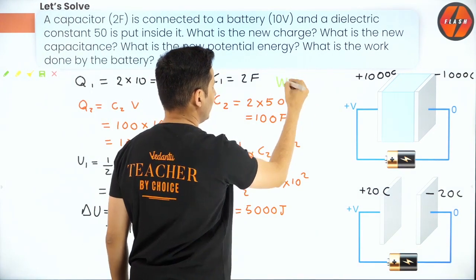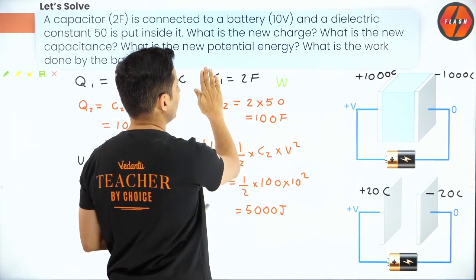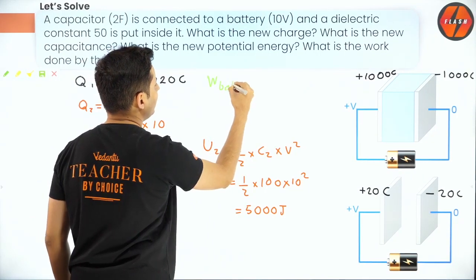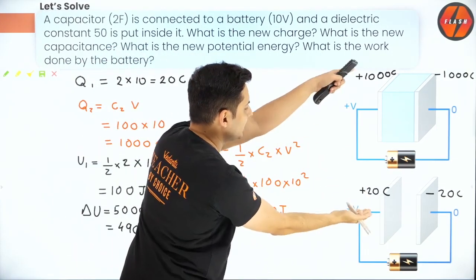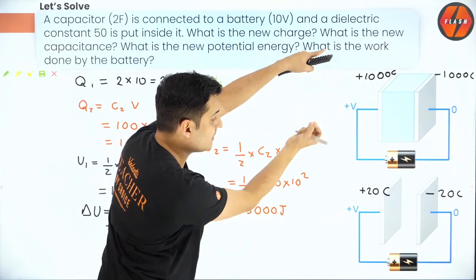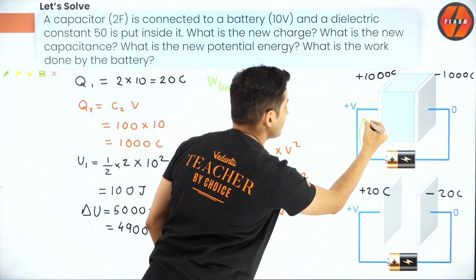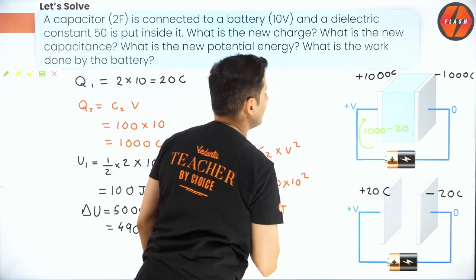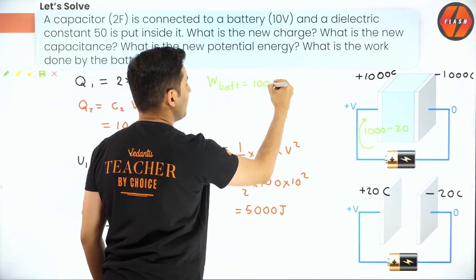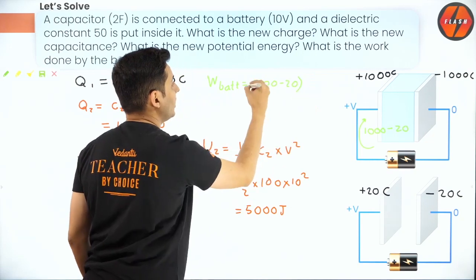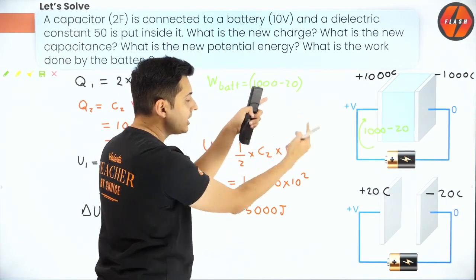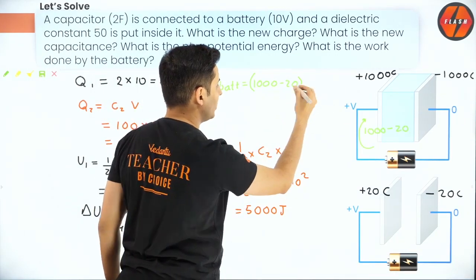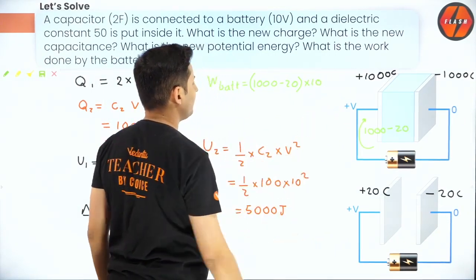The work done by the battery will be the change in the charge, the charge which has been supplied by the battery. How much charge is the battery going to supply? 1000 minus 20 coulombs. I'm keeping it as it is so that you realize this change has been supplied by the battery, or else we can just put it as 980 into 10.